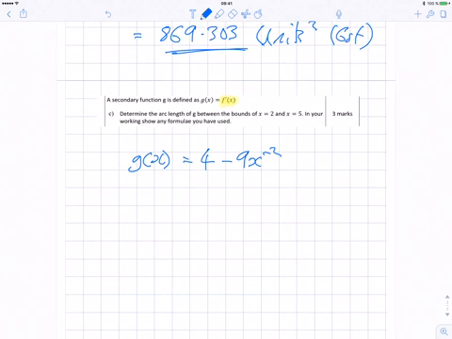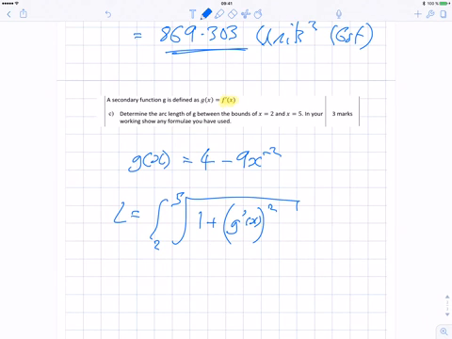And the arc length formula is as follows. The arc length is calculated by doing the bounds, which are between 2 and 5, of the square root of 1 plus the derivative of the function squared, dx.